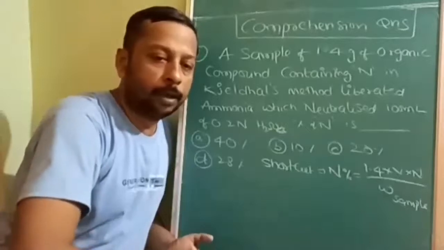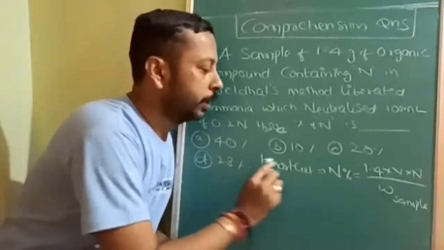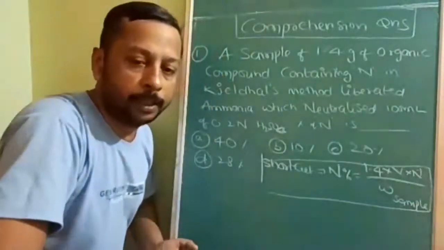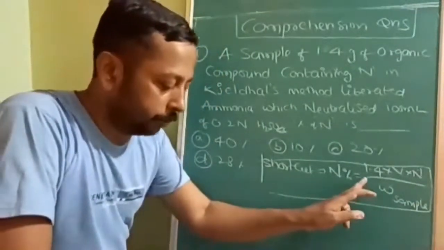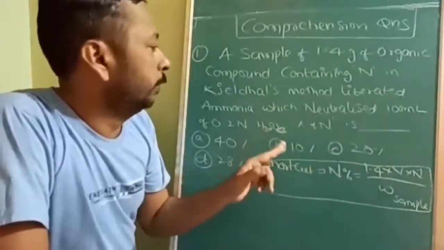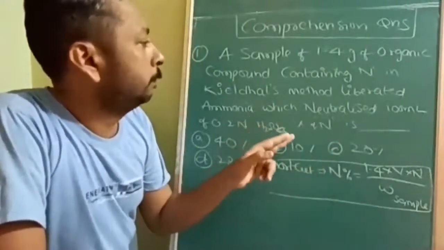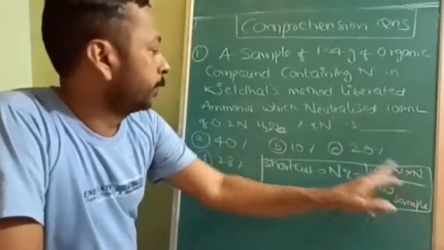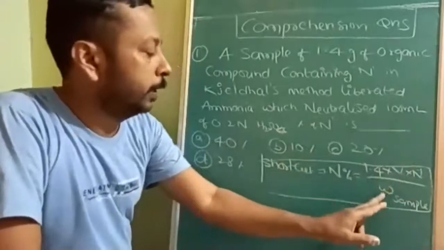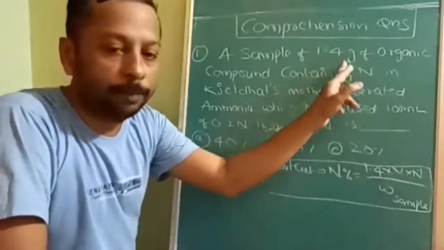This is the formula you are going to use, a shortcut direct formula to attend this type of question. Percentage of nitrogen is equal to 1.4 into volume. Here the given volume is 100 ml, into normality. Normality is 0.2, divided by the mass of the sample, 1.4 grams.